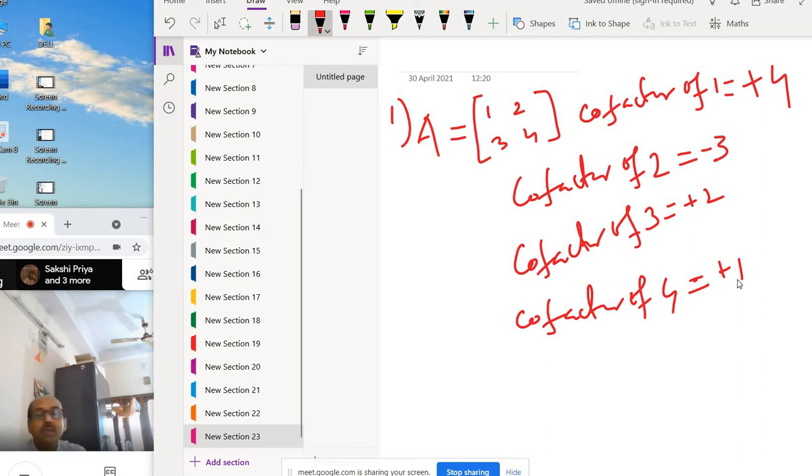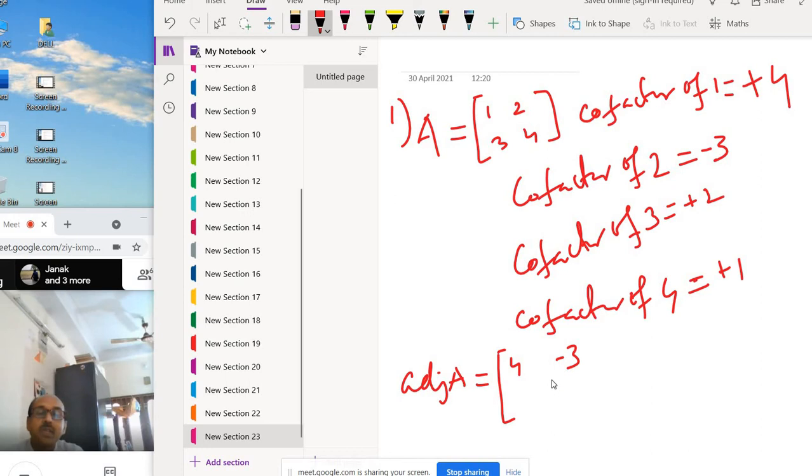So now write adjoint of A. Adjoint A equal to the matrix. Write all the cofactors. The first cofactor of 1 is 4. Then cofactor of 2 is minus 3.